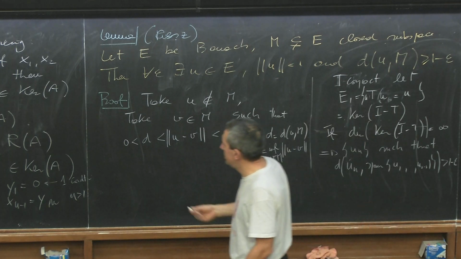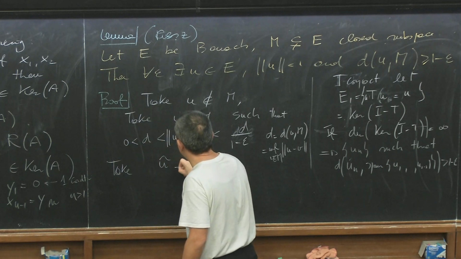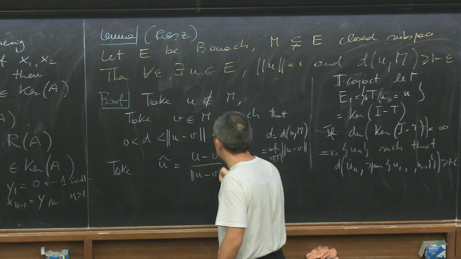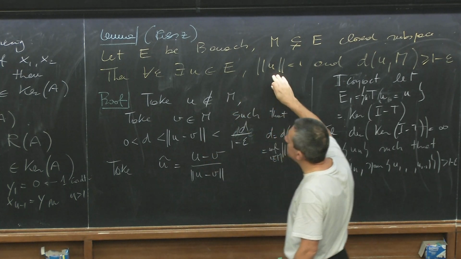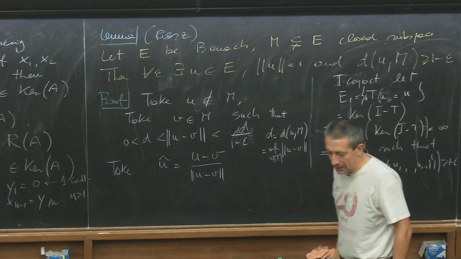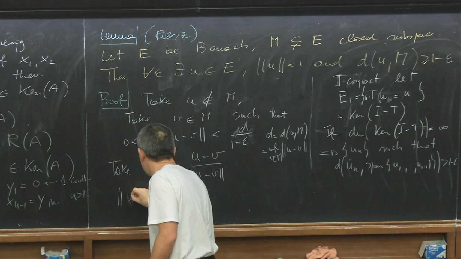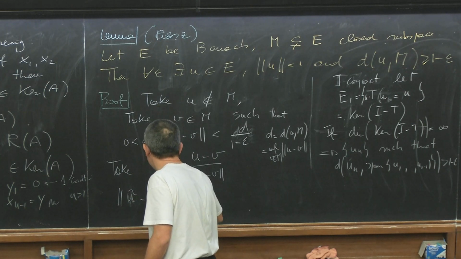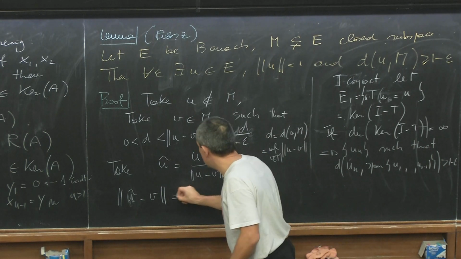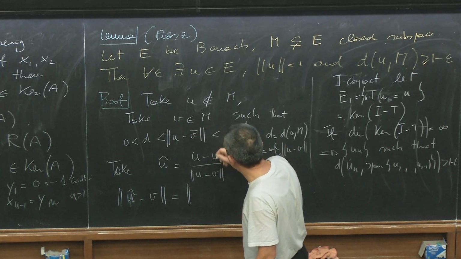Now take U tilde equal to U minus V divided by the norm of U minus V. So its norm is 1, and we have only to verify the distance condition. This is the norm of U tilde minus W. Here V is my minimizer, let's say V bar.